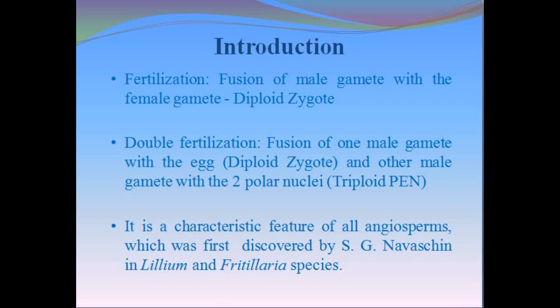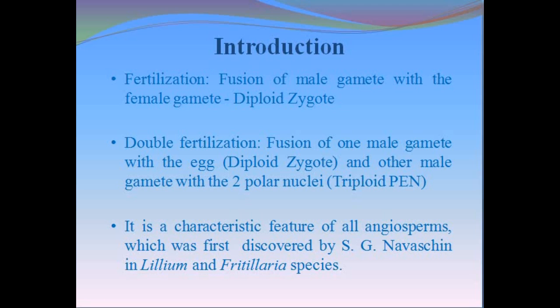As we all know, fertilization is the phenomenon of fusion of male gametes with the female gamete to form a diploid zygote, which is observed in all sexually reproducing organisms, whereas double fertilization is the phenomenon of fusion of one male gamete with the egg to form a diploid zygote and the other male gamete with the two polar nuclei to form a triploid primary endosperm nucleus. So as the name itself indicates, double fertilization includes two times fertilization.